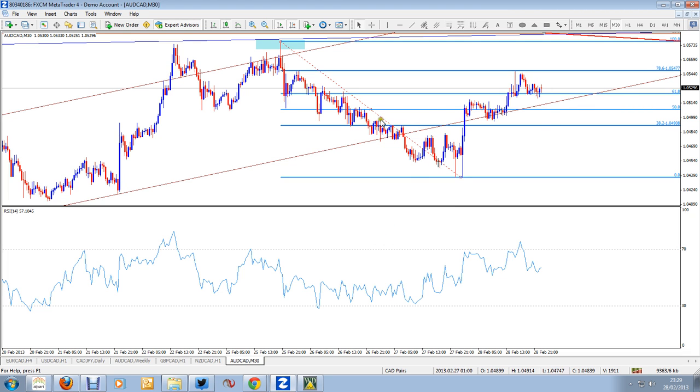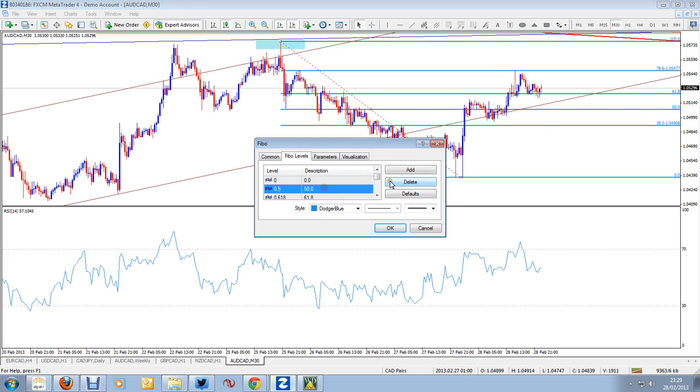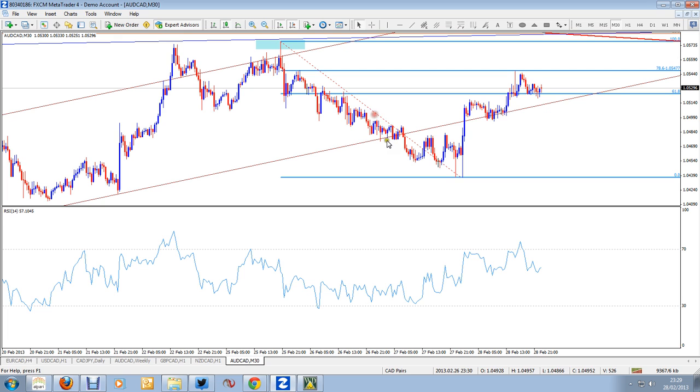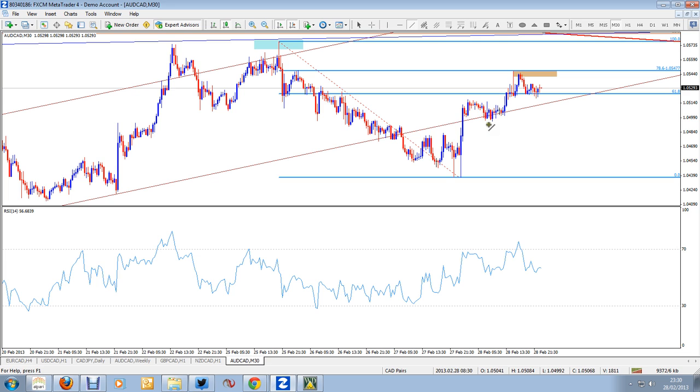So that's where we have. I think 78% retracement is the one that's going to play with this. So I think this wave A, wave B, and wave C may well be complete.